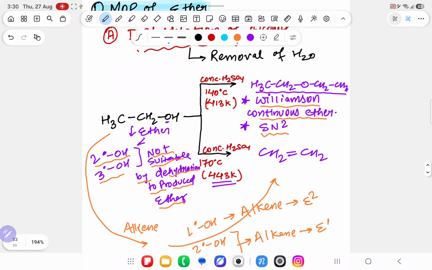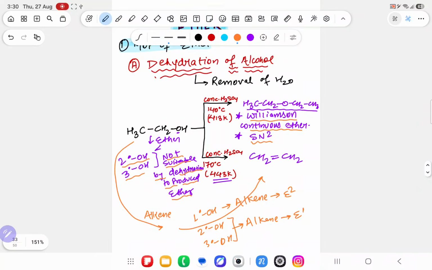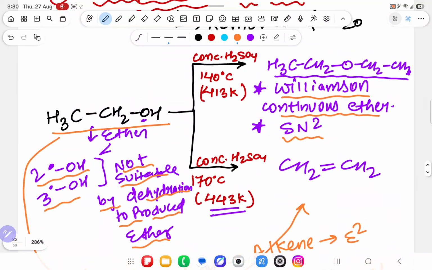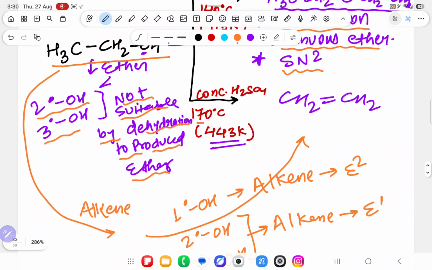Overall, whenever you take alcohol, that alcohol will produce ether at 413 Kelvin, which is known as Williamson continuous ether, and that follows SN2. At 170 degrees, or 443 Kelvin, it will form alkene.